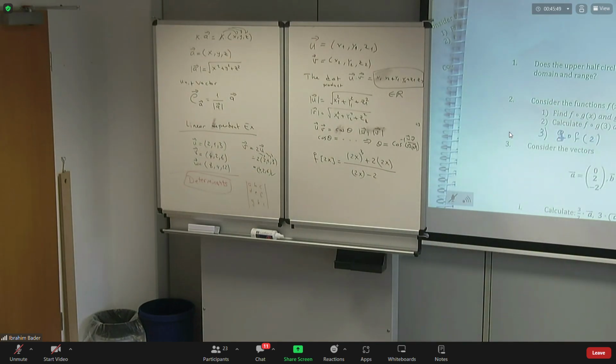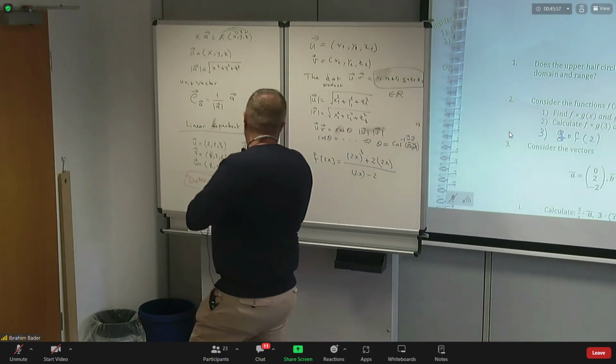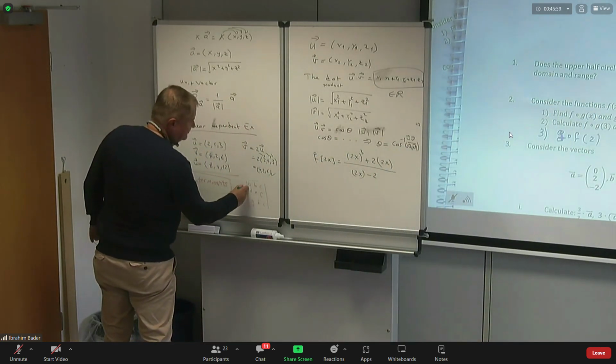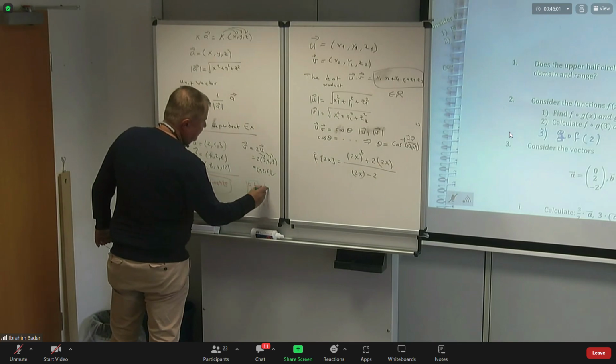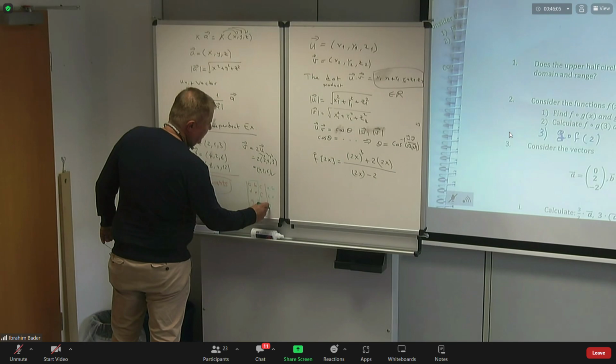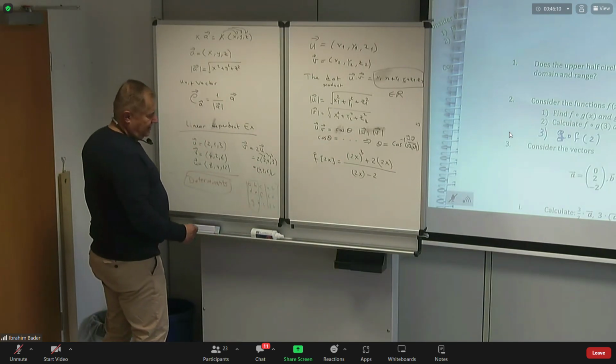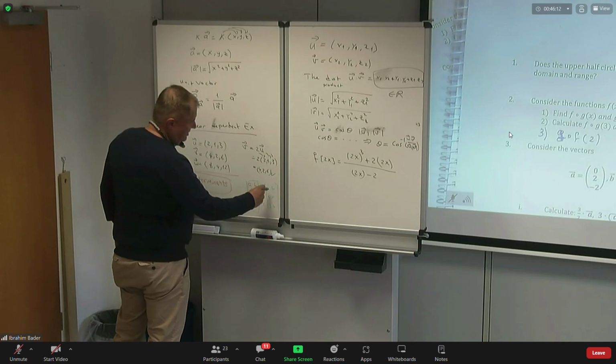And I will show you a very nice method. I don't know whether anyone knows this method, how to evaluate this determinant by just duplicating these two here. So you have here A B, D E, G H. I don't know how this works, but it works.